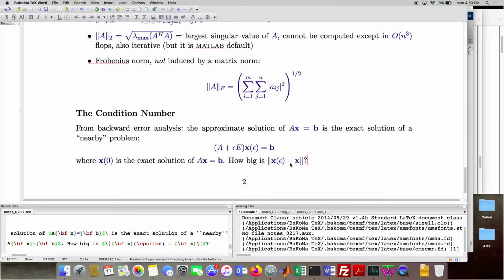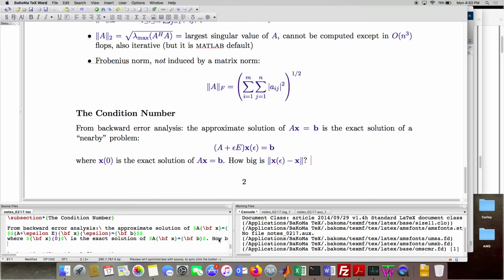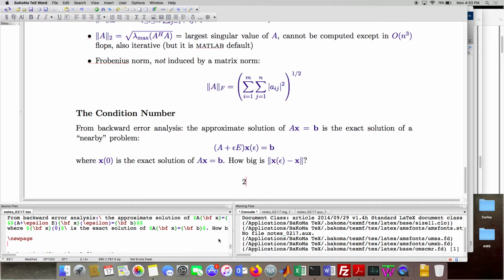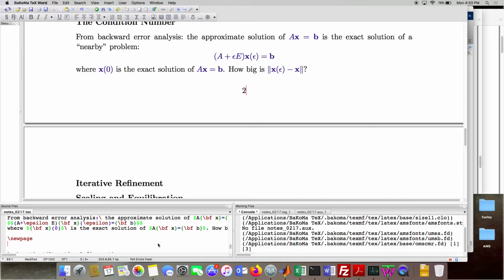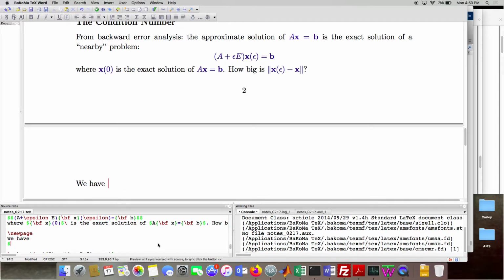I want to try to at least get some sort of inequality for this. First I can do some algebraic rearranging.